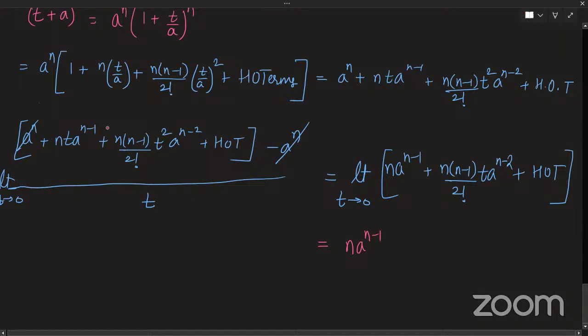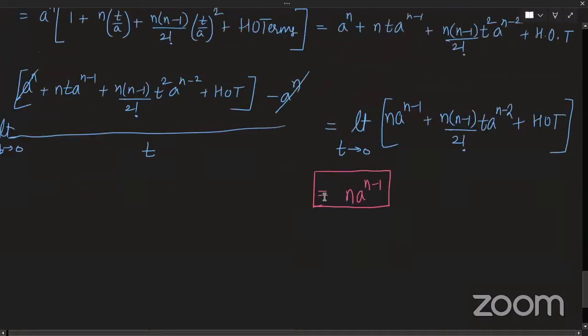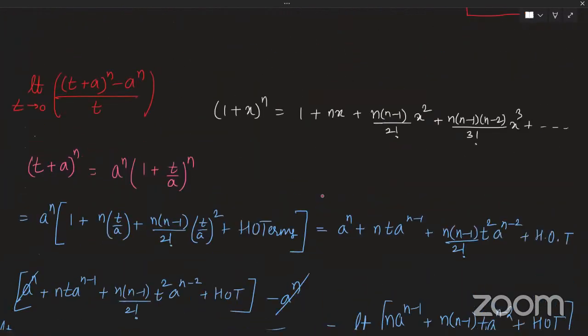This will be the only thing left, everything else will go to 0, because all the remaining terms have a t in them. So obviously, if t is tending to 0, all of them go to 0. So this value is n into a raised to n minus 1.